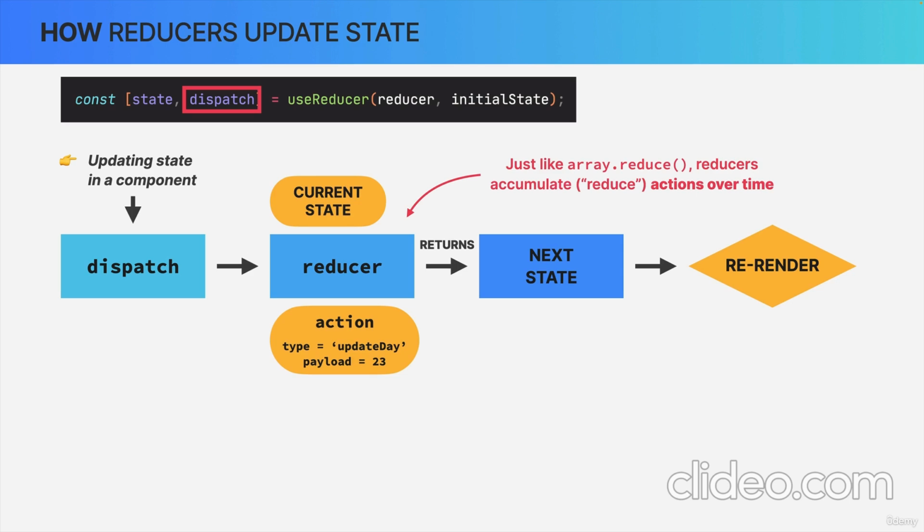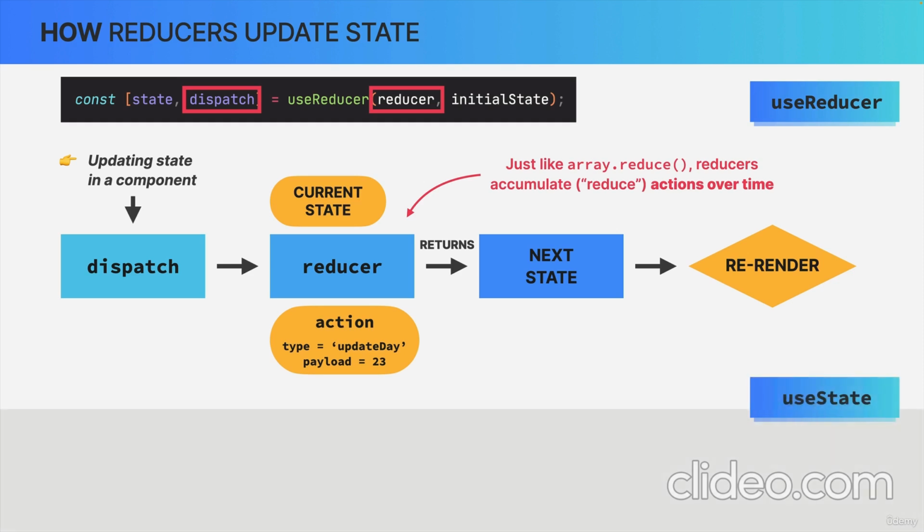Okay, now behind the scenes, the dispatch function has access to the reducer because we passed it into the useReducer hook, right? So dispatch is really coordinating this whole thing and also giving the reducer access to the current state. And now, to understand this even better, let's compare the mechanism of useReducer with the much simpler useState mechanism.